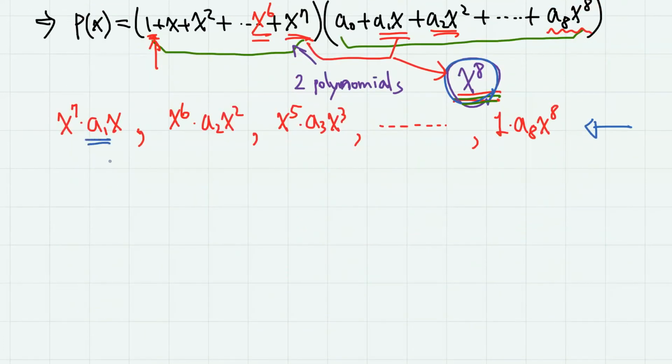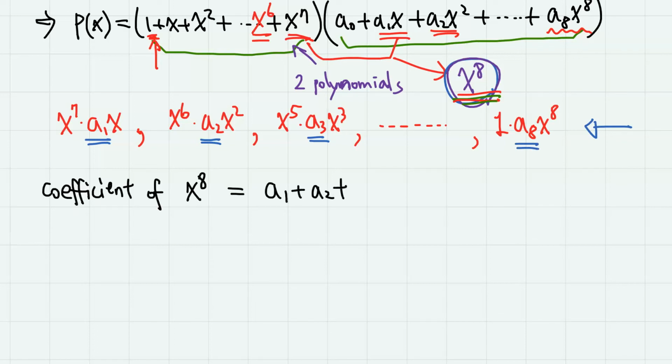So from here we have coefficient a1, and here we have coefficient a2, we have coefficient a3, and finally we have coefficient a8 here. So the coefficient of x to the power of 8 is simply a1 plus a2 plus a3 plus ... plus a8. And we can quite easily compute this sum without having to expand the polynomial.